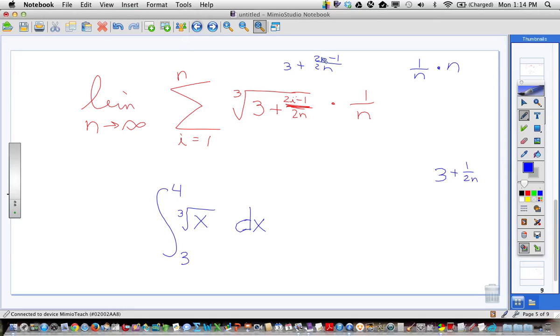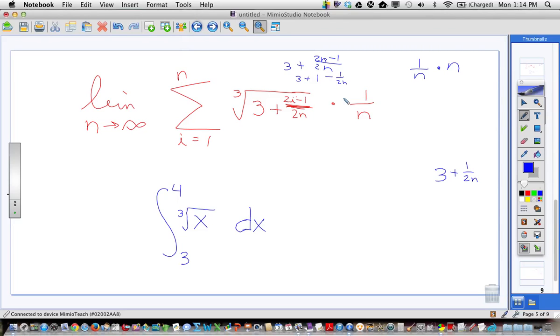Now split that apart. 2n over 2n is 1, minus 1 over 2n. Oh, so that's 4 take away 1 over 2n. Well, remember, 1 over 2n is half a width. So 4 take away half a width. That means your last midpoint rectangle would be half a width back from the right edge, which is 4. So that tells you the right edge had to be 4.